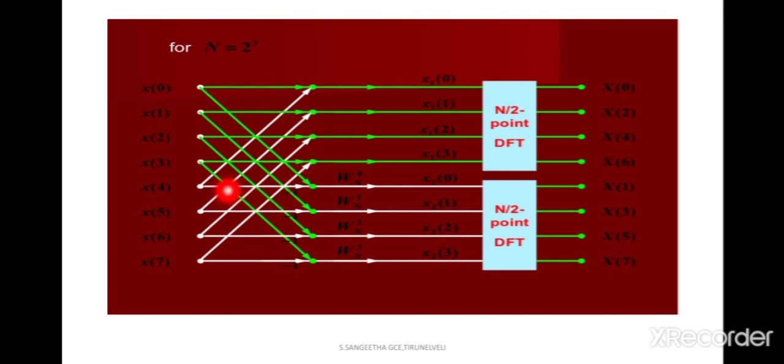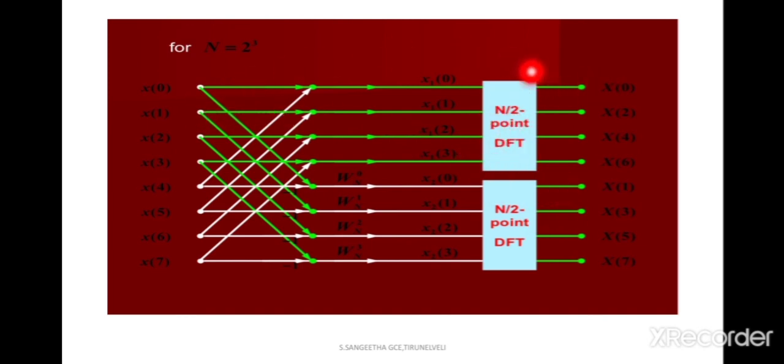First we have computed the values in the form of a 4-point sequence, that is, the 8-point DFT will be synthesized into 4-point DFTs. Next the 4-point DFT will be synthesized into 2-point DFTs. Next the 2-point DFT will be synthesized to each point, that is, N/2 points.